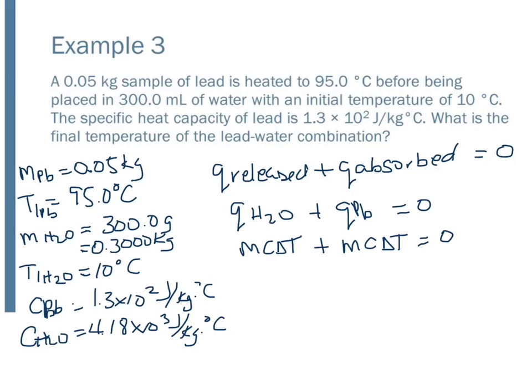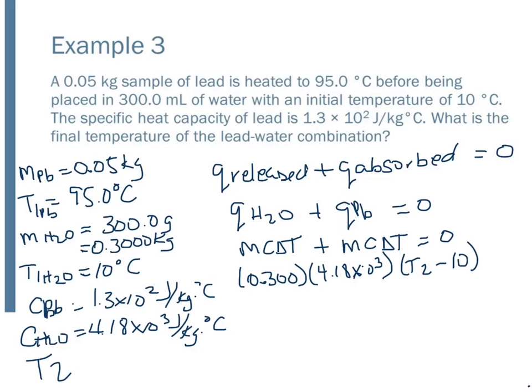So for our water, we have our mass, we have our C, and then we have T2 minus 10, because that's actually what we're being asked to find. And both the water and the lead are going to have the same T2.